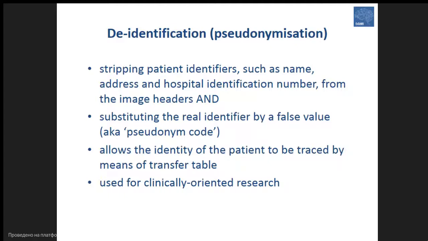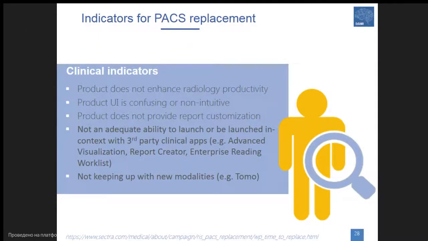This principle is used for clinically oriented research. It theoretically allows identifying the patients by tracing back to the master index, but pseudonymization is the most comfortable and most acceptable way of protecting the patient's identity.